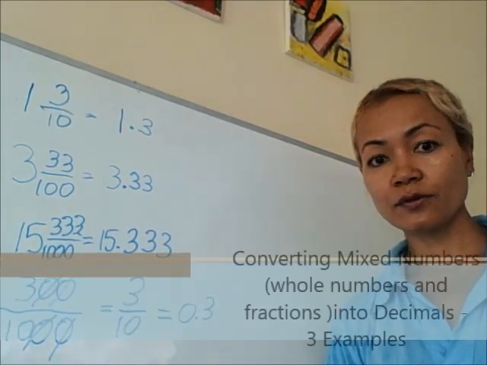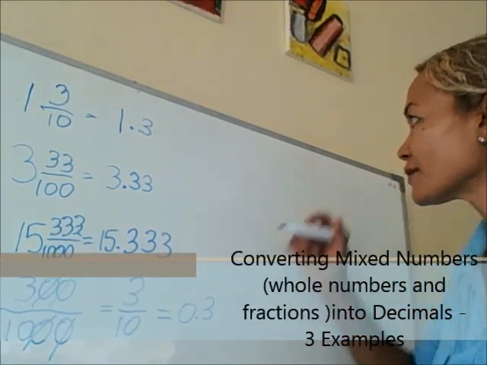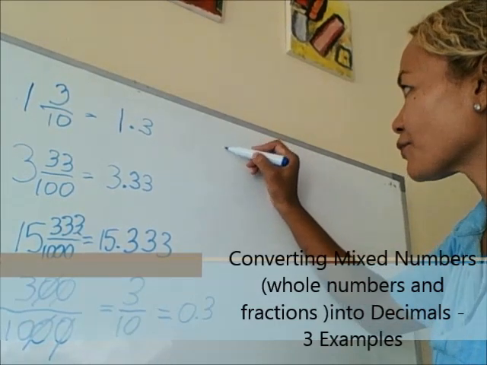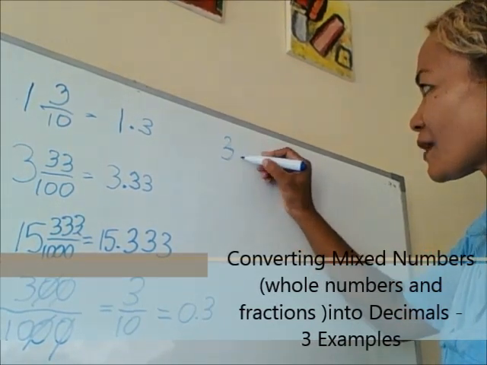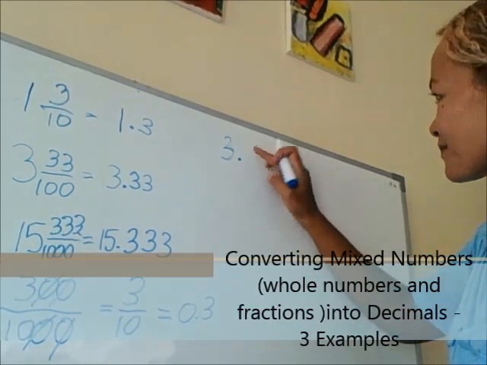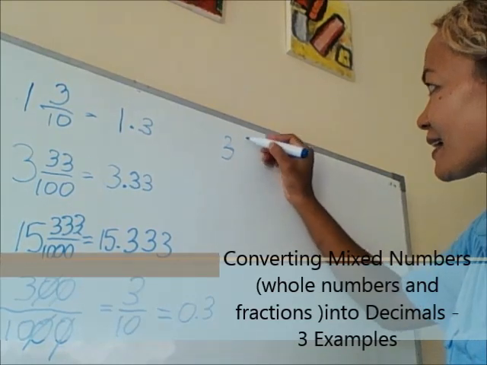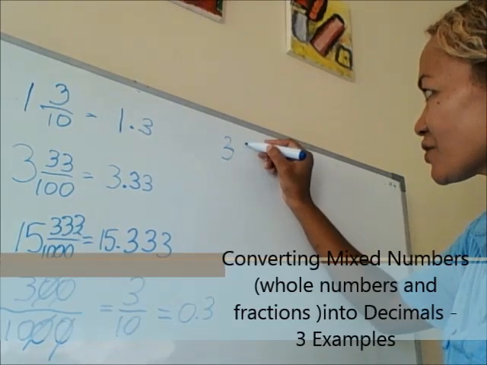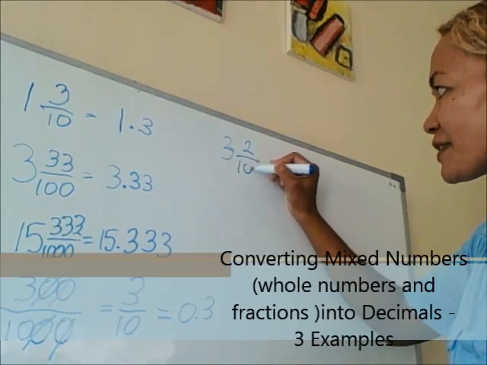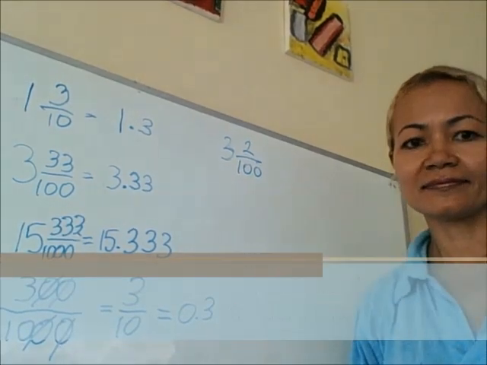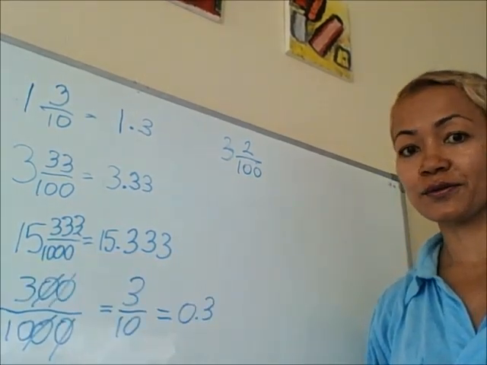If you're ready for some more examples to work through, what about 3 and 2 over 100.